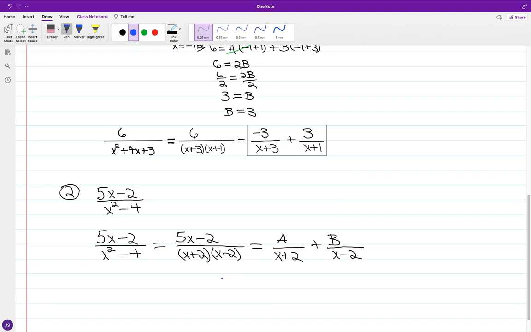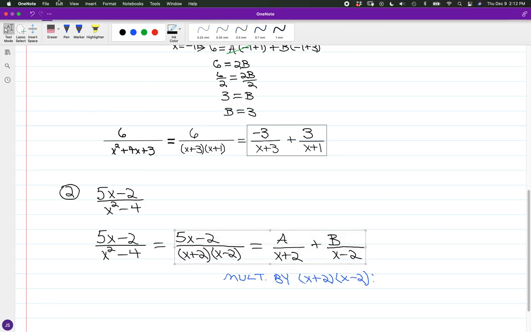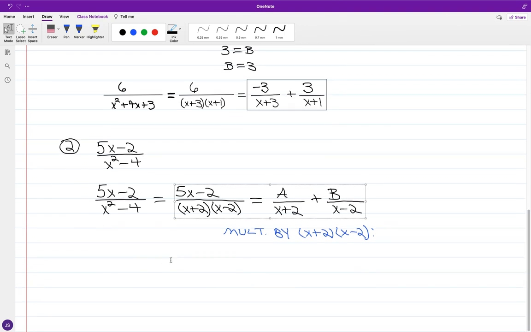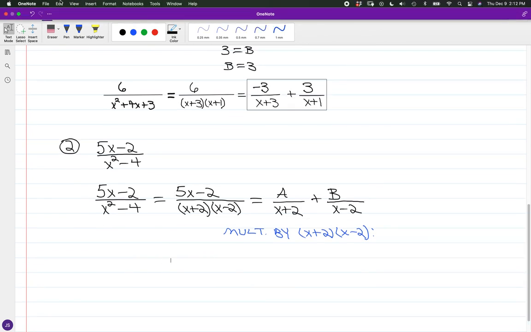So I can clear out the fractions, this time multiplying everything out by the factors of x squared minus 4, looking at clearing out the fractions.